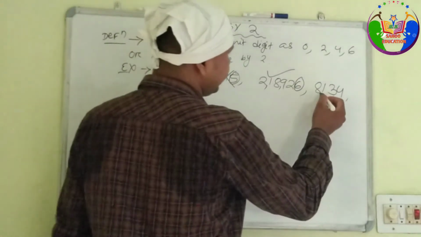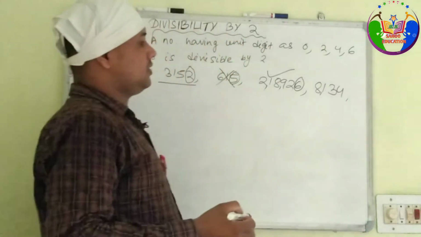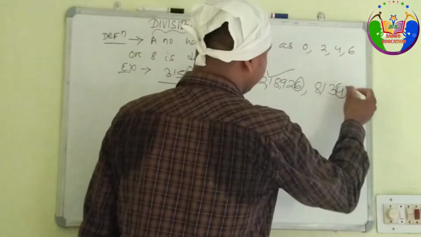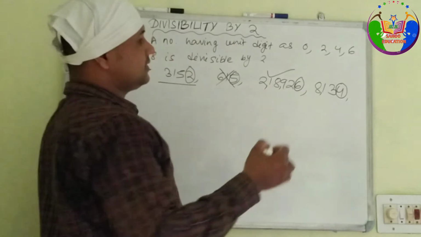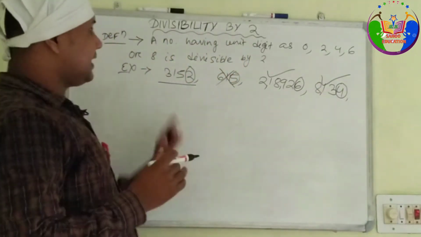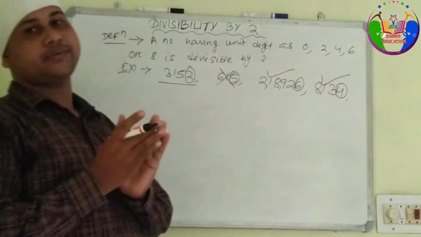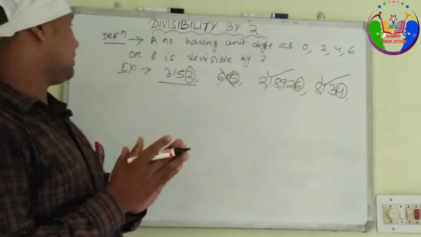Another one, 8,134, the unit digit is 4, hence this number is divisible by 2. Similarly, we can know whether a number is divisible by 2 or not.